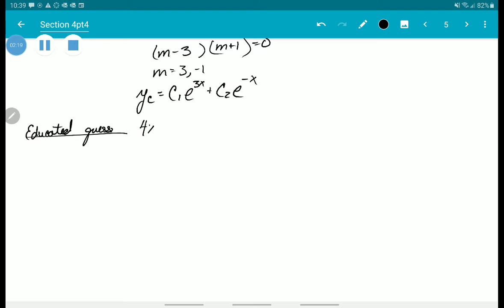Remember, our particular piece looked like this. This is a linear piece. We could write that as ax plus b. And this is linear times exponential, so we could write as cx plus d times e to the 2x.